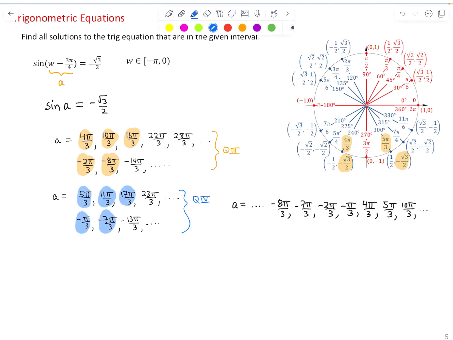The quadrant 4 ones in this list would be negative pi thirds and then every other one in this list. And the quadrant 3 angles would be 4 pi thirds and then every other one in this list.